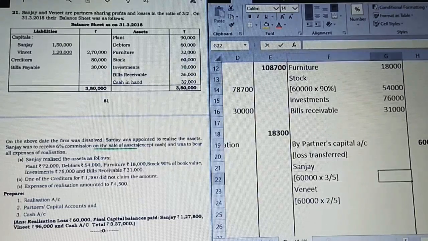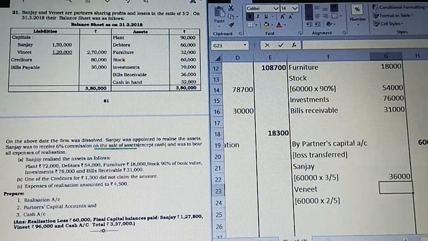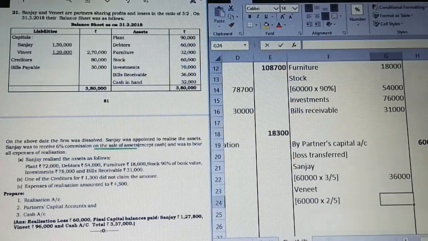Now let us take up the value. 60,000 into 3/5, 36,000 for Sanjay, and for Vineet 60,000 into 2/5, 24,000. Just observe.